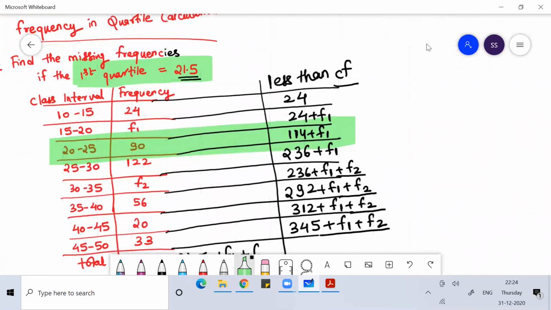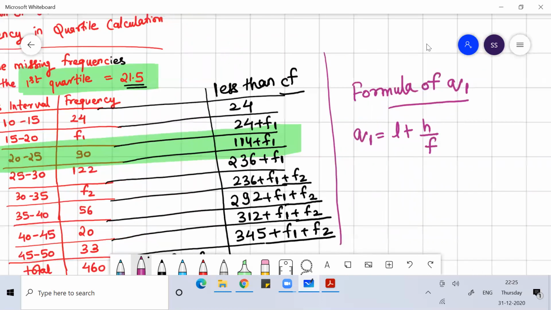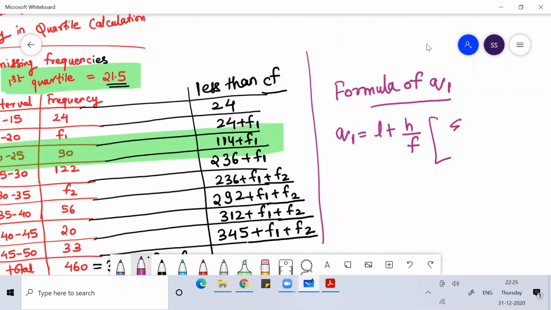So once you get the selected class interval, now what do you have to determine? You know the process. What is the formula of Q1? If you are doing a question with class interval and frequency, Q1 is equal to L plus H by F into (sum of F by 4 minus CF).